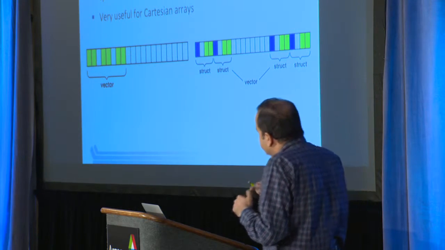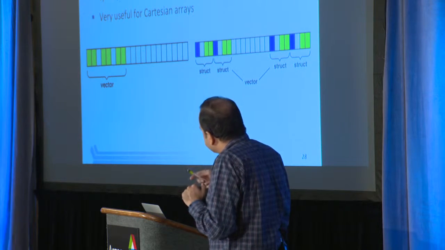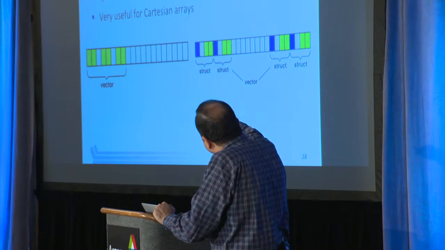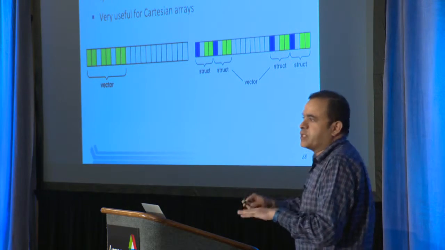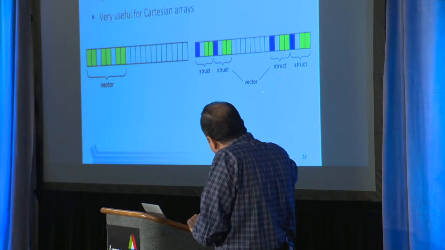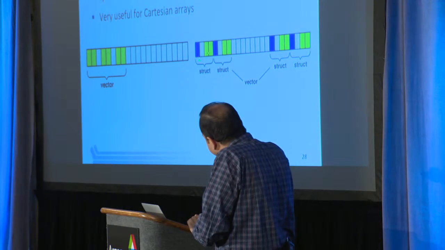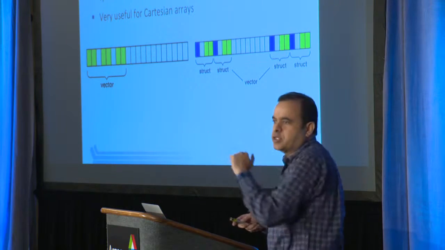Now, you can create a vector of a more complicated data type as well, because the type that you pass as the old type here need not be a simple basic data type. It could be any complicated type. Suppose you have defined a struct data type, which we'll see much later.